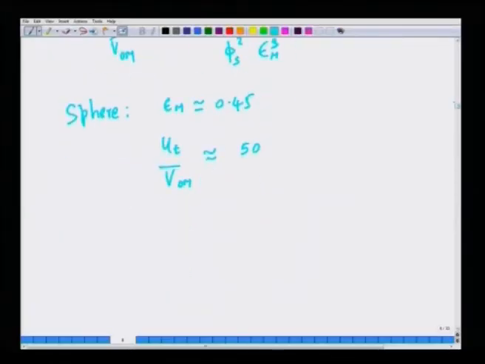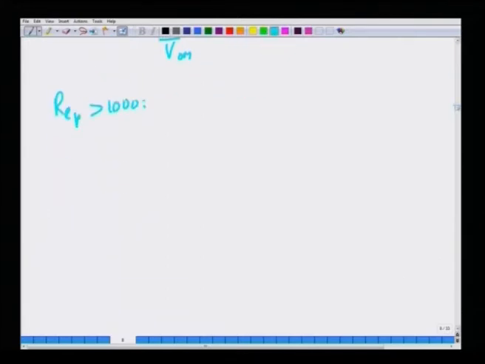But let us look at the same case at higher Reynolds numbers. Let us say Re_p greater than 1000. Then we will use the turbulent flow correlation for the velocity for onset of fluidization.